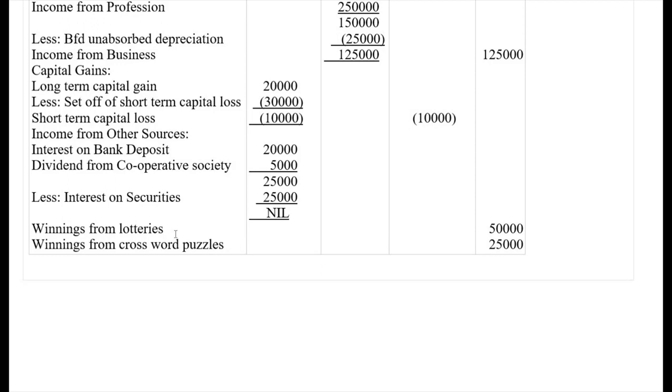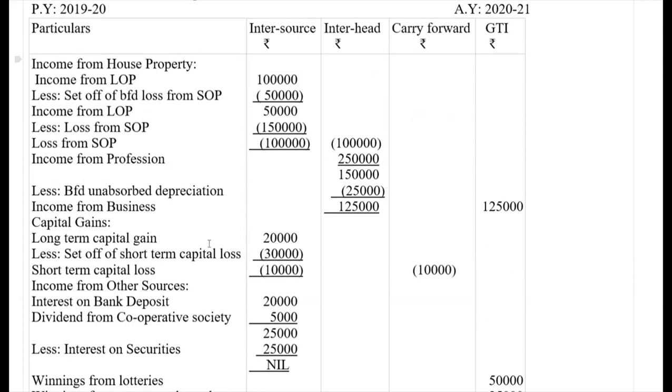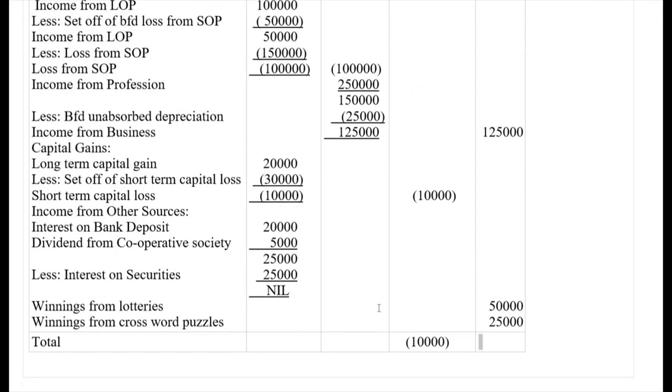Now let us take the total here. Then it is 1,25,000 plus 75,000, so it will be rupees 2 lakhs. So the gross total income will be 2 lakhs.